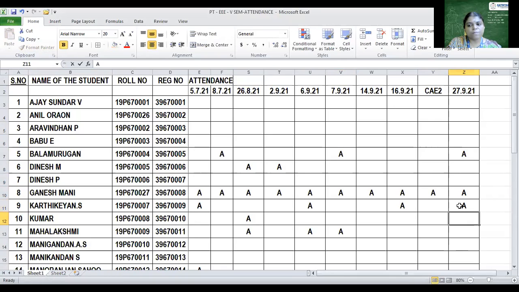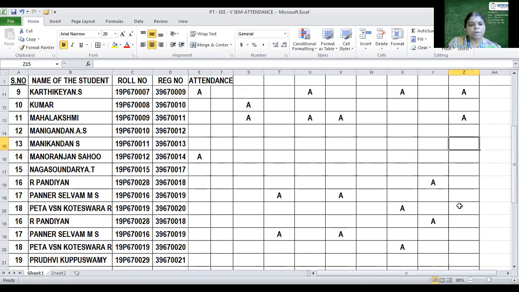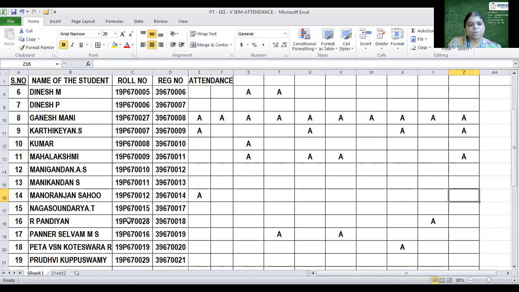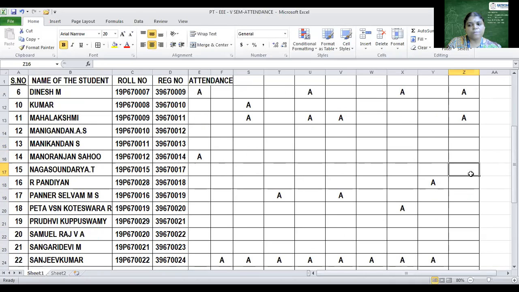Kumar, Yes, ma'am. Mahalakshmi, Manikandan, yes. Present, ma'am. Manoranjan Sapu, Yes, ma'am. Naga Soundarya, Yes, ma'am. Pandian, Present, ma'am.